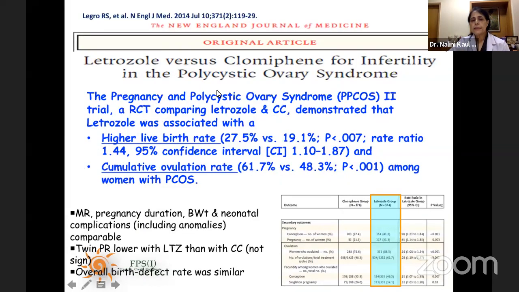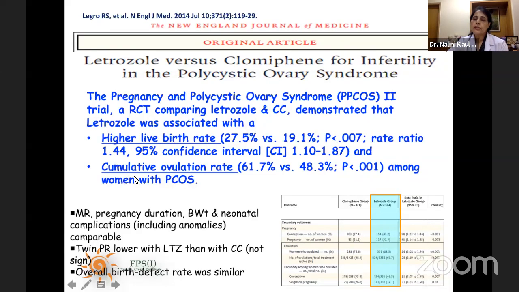Now, one of the first comparisons between letrozole and clomiphene came out in 2014. It was a randomized controlled trial, and it showed that you had higher live birth rates, 27.5 versus 19, with a risk ratio of 1.44 with letrozole as compared with clomiphene.